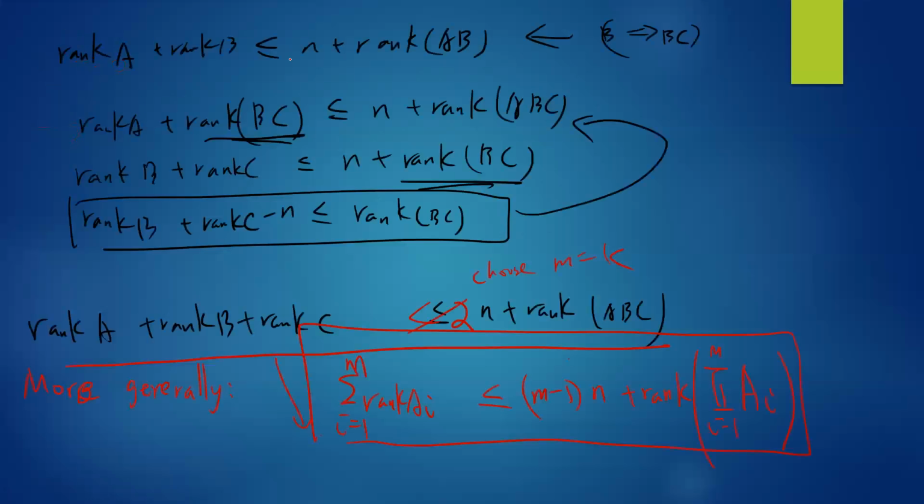So we get the sum of rank A for i from 1 to K is less than or equal to (K minus 1) n. This gives us that rank A is less than or equal to (K minus 1) n divided by K. So the general answer will be just this.